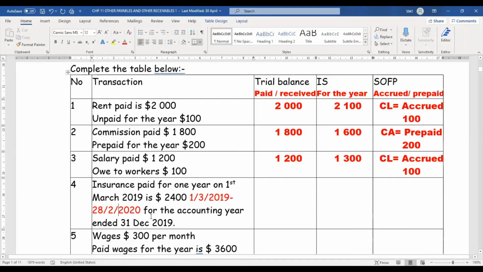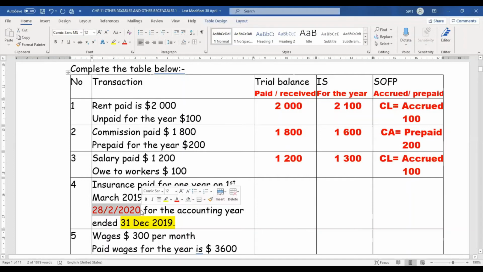We continue. For the accounting year ended 31st December 2019. This is the problem. We are doing our accounting year. What is the accounting year? We do the accounts until what date? Our accounting year will end on 31st December 2019. We pay this 2,400 for 1 year, starting 1st March 2019 until 28 or 29 February 2020.